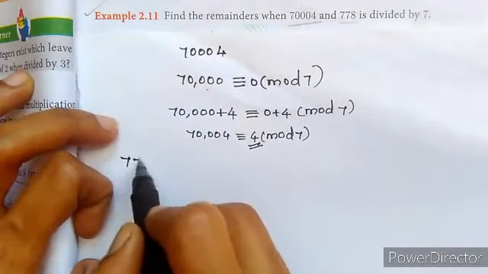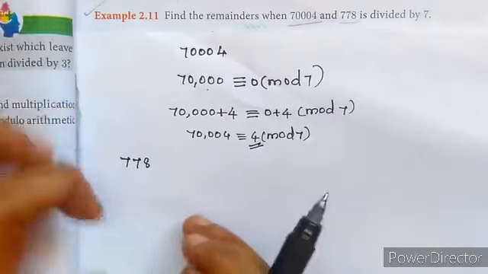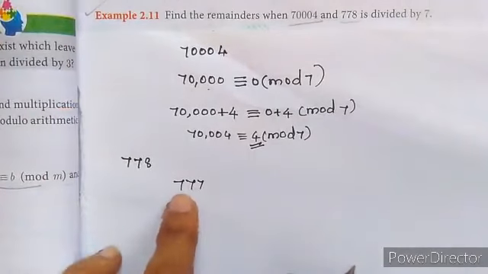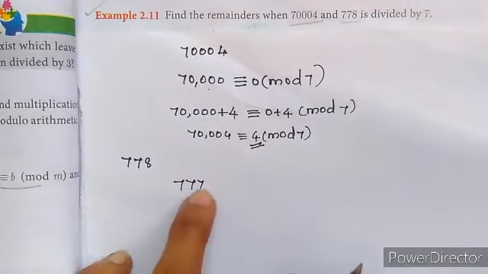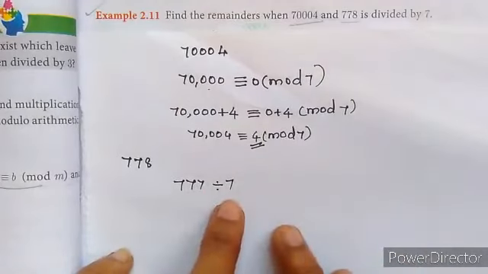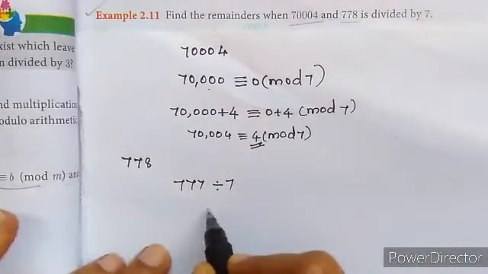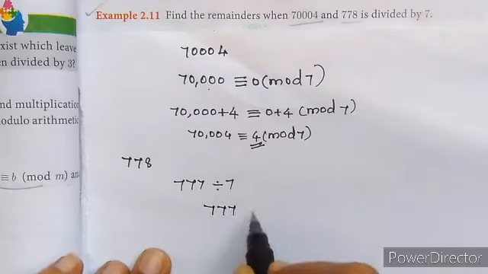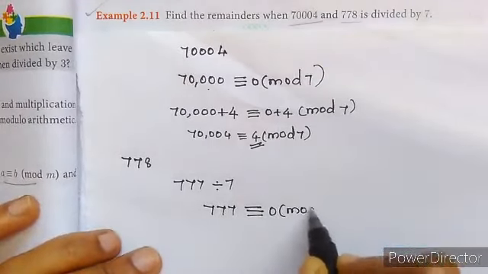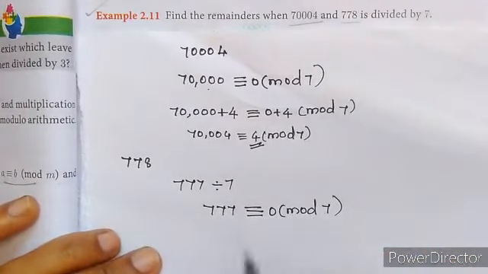The number is 778. Here I am going to take 777. It is very clear 777 is divisible by 7. The remainder here is 0, isn't it? So we can write this as 777 congruent to 0 mod 7. Okay.